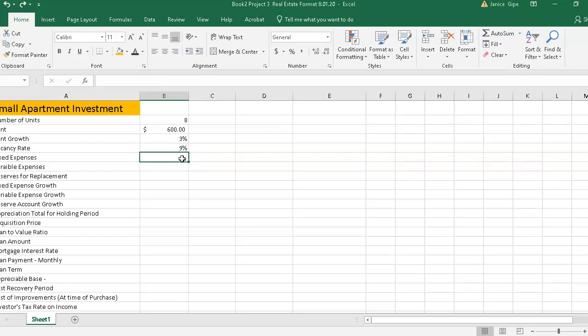The fixed expenses are $4,500. The variable expenses are $5,000. The reserves for replacement are $4,500.